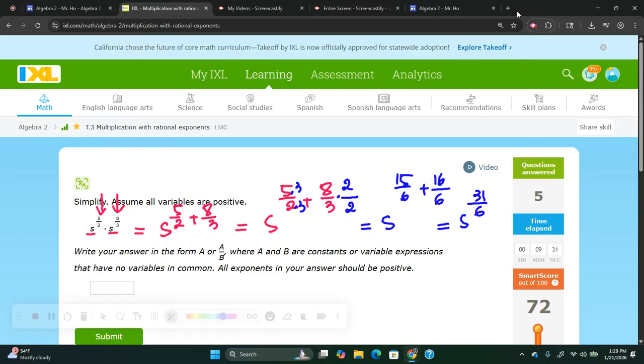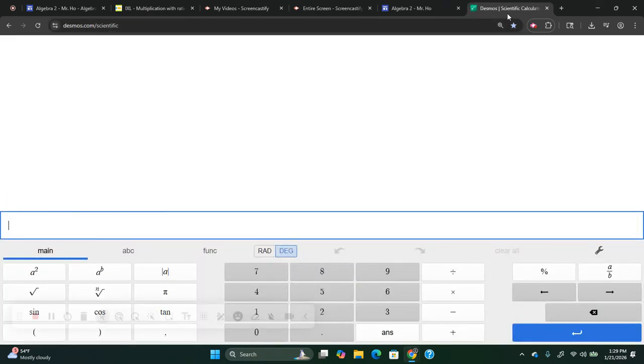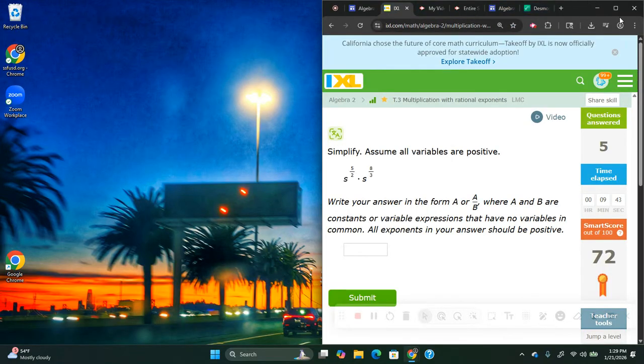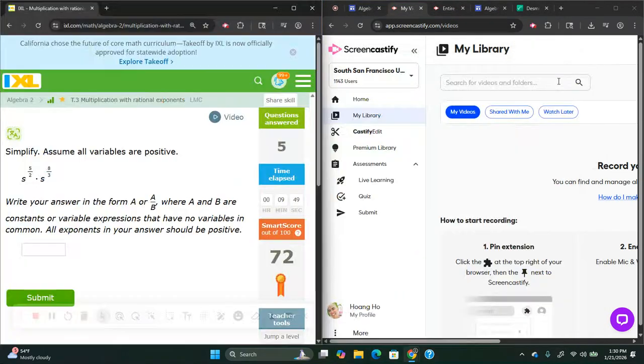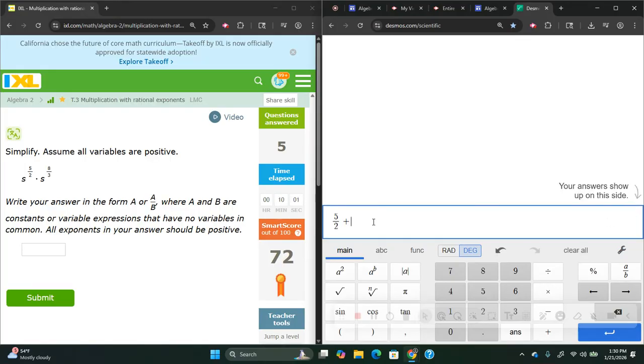Okay, let's open a calculator. You can use the help for calculator over here. So again you add the two exponents together. 5 over 2 add with 8 over 3.